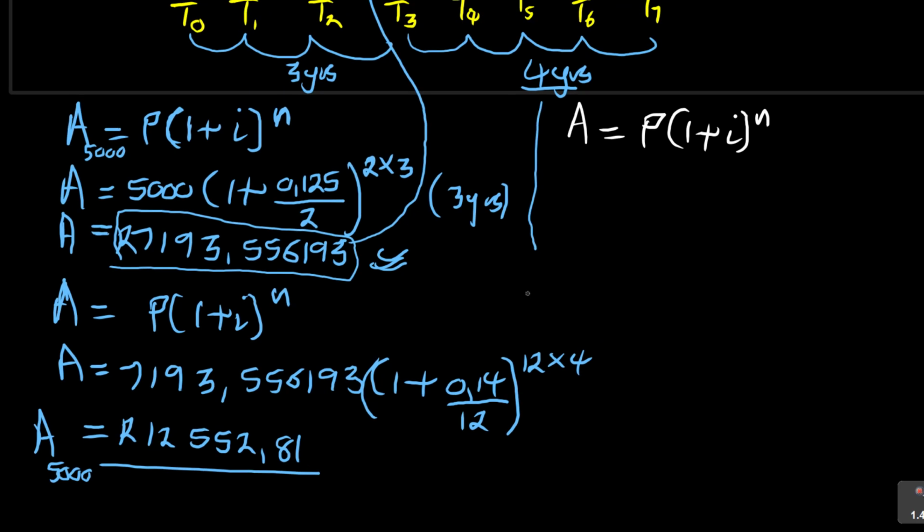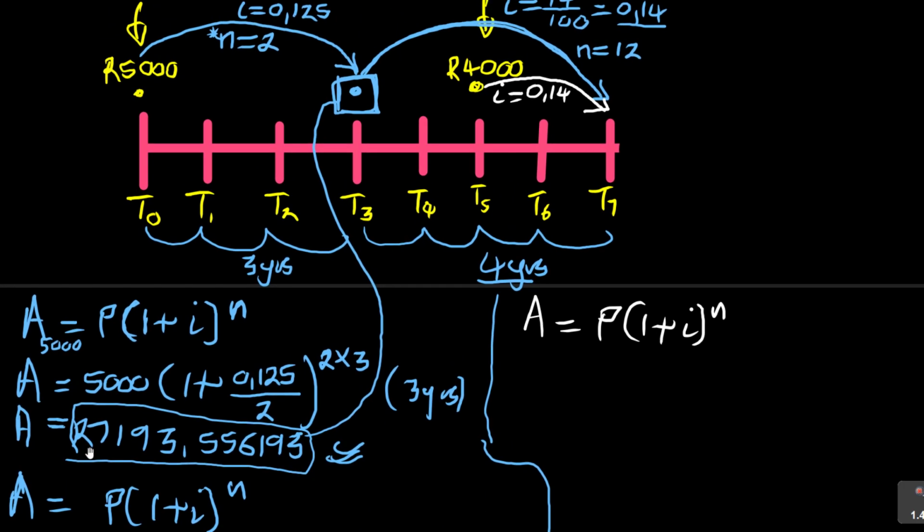No. We still have the 4,000 that was added into this account. Now we come back here to say, by the way, Ethan deposited an extra 4,000 in year 5 at T5. So for the 4,000 he deposited, how much did it grow from T5 to T7? You can see this is 1, 2 years.